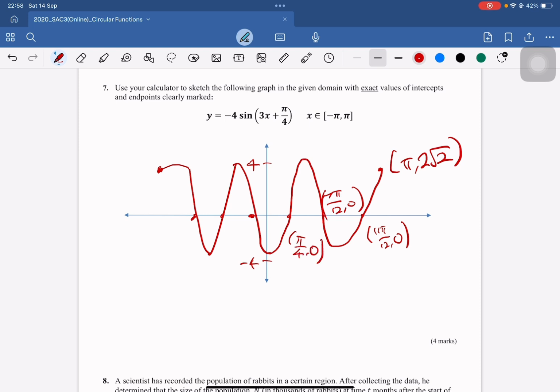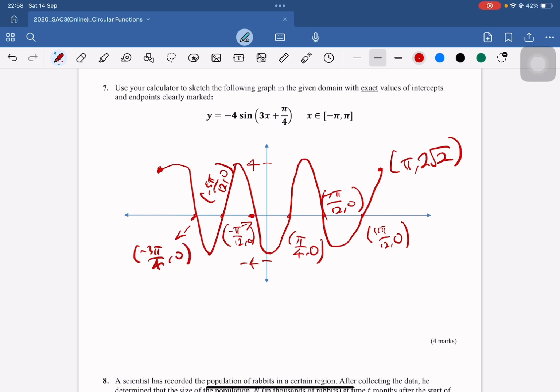This intercept here is going to be negative pi over 12. This one is going to be negative 5 pi over 12. And this one here is going to be negative 3 pi over 4.